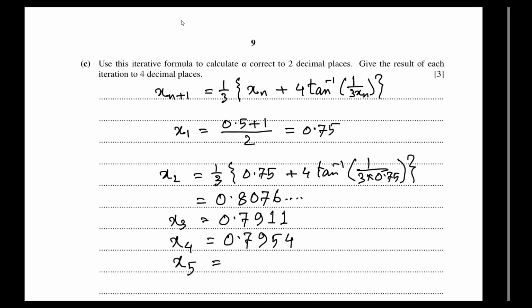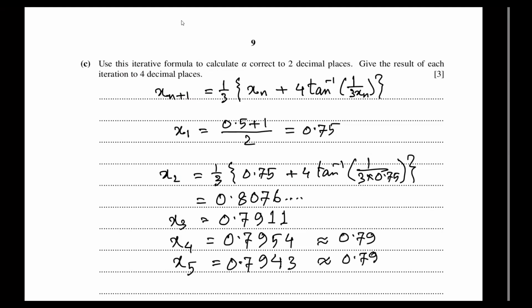X5 will continue until two consecutive values of x match to two decimal places.